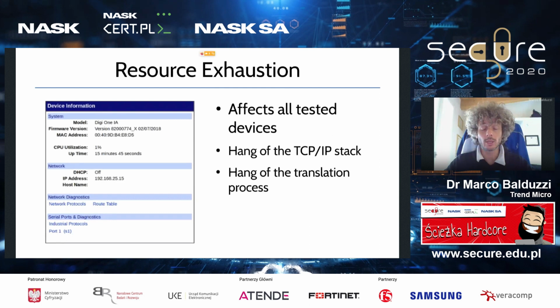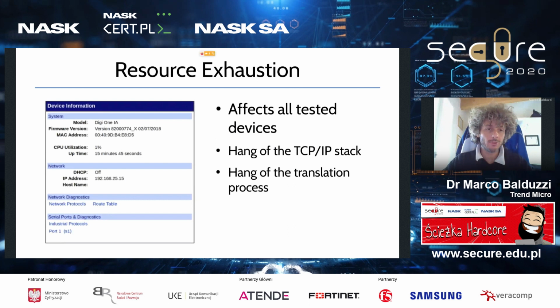You can consider this a denial of service attack, because if an attacker sitting anywhere in your corporate network is able to cause a resource exhaustion problem, he can bring down, for example, a production line, and he might ask for a ransom.